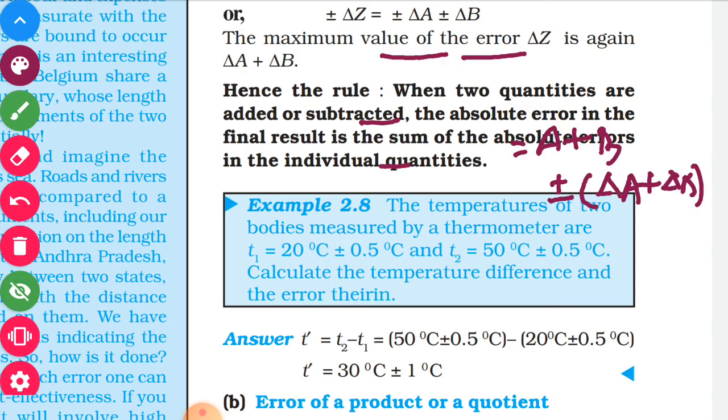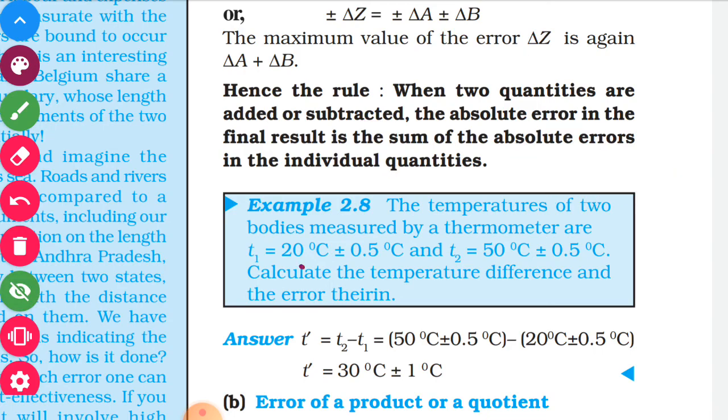Temperatures are taken, say T1 is 20 plus or minus 0.5, the other one is 50 plus or minus 0.5. Now you want a difference, say T2 minus T1. So 50 minus 20 becomes 30, but these errors are added, so 0.5 plus 0.5 becomes plus or minus 1 degree Celsius.